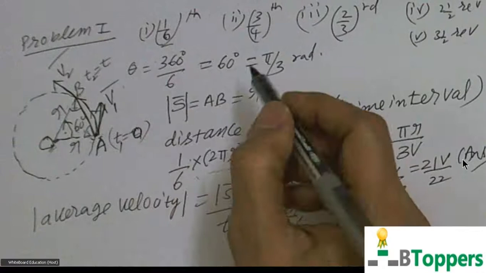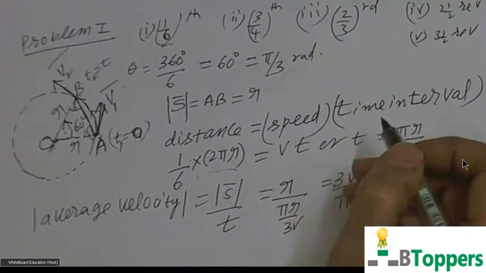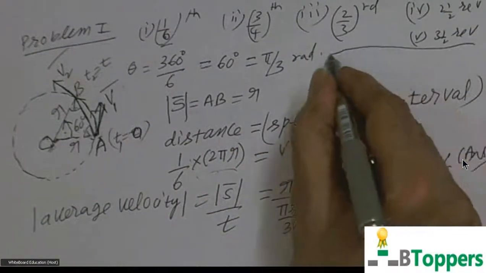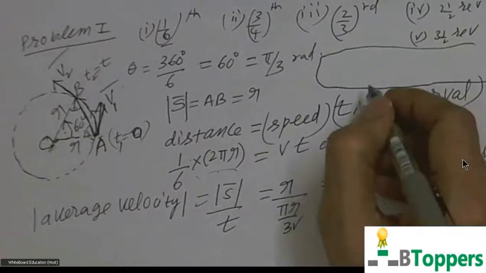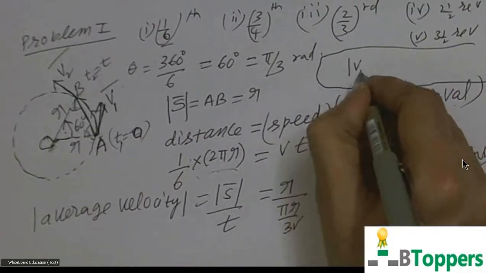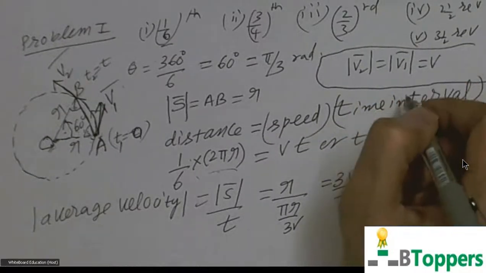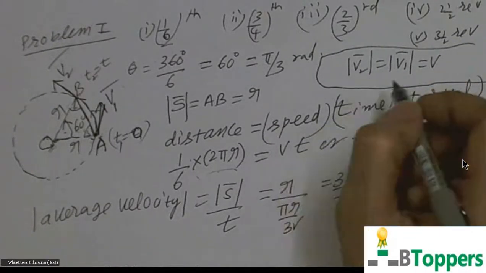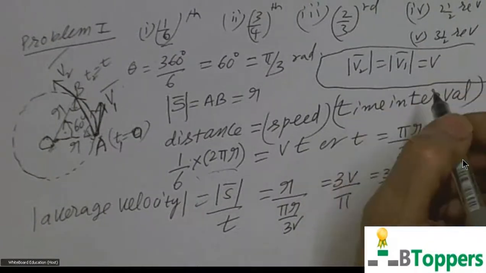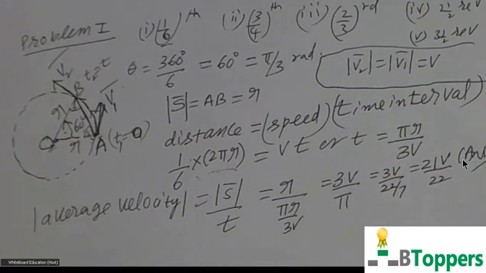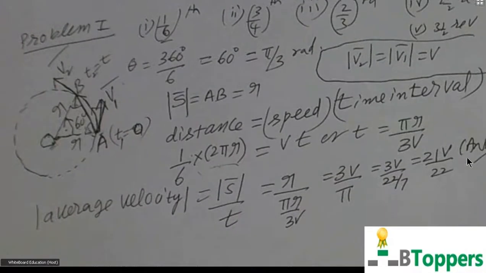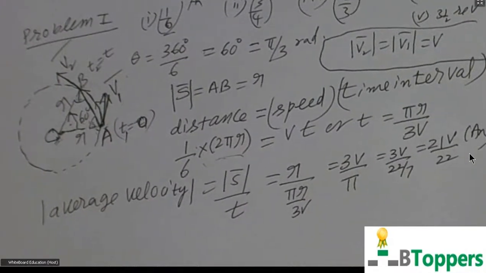60 degrees. So in this case, the modulus of vector v2 bar is the same as the modulus of vector v1 bar, which was denoted by V. That is, magnitude of the velocity vector is constant. Only the direction of the velocity vector is changing. There is one result which I discussed in the past in subtraction of vectors.